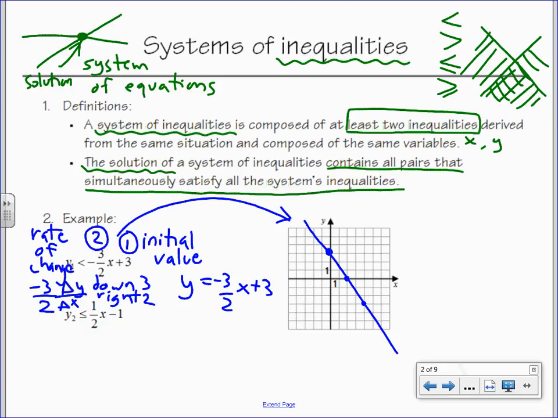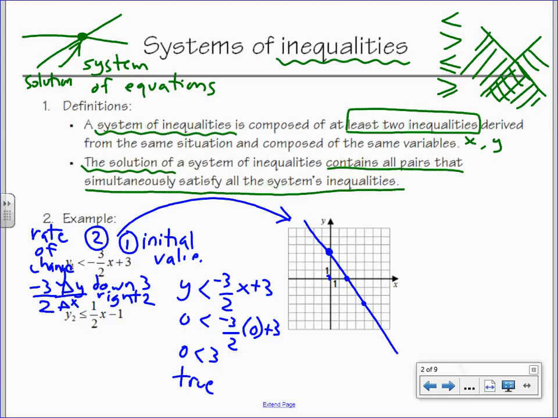Now what we have to graph is when y is smaller, so we don't want equal here. We want when y is smaller than. If you're not sure, you can use the point 0, 0 to check. I'm using the point 0, 0 and plugging it here. Then I get 0 is smaller than 3. Is it true?